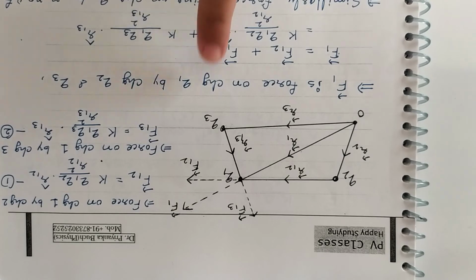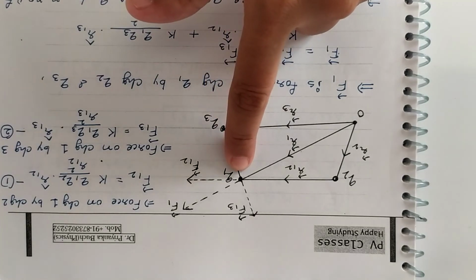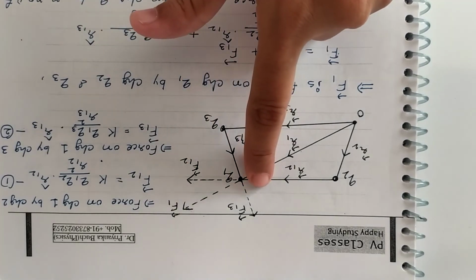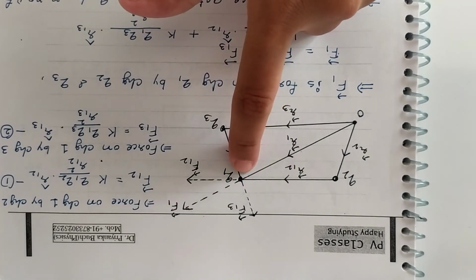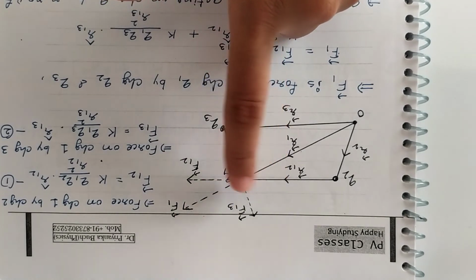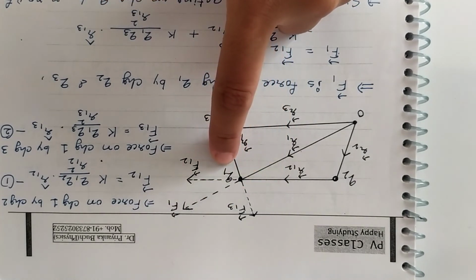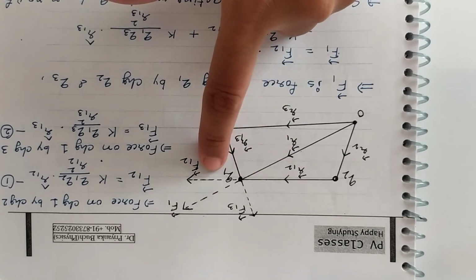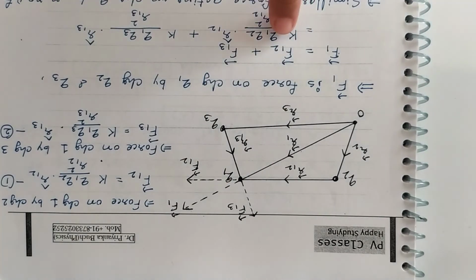We are combining because we know that on charge Q1 there are two different forces, F12 and F13, so there may be some net force. We have studied in standard 11 that if two different forces act on one charge or one point, we add them. So we can write it as F12 plus F13.